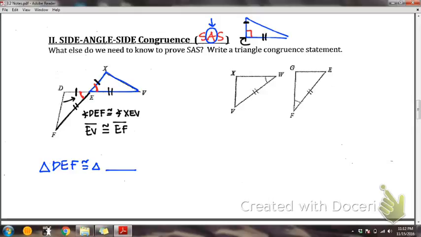You kind of started outside with D, and then you went past the first hash mark, down past the second hash mark. So how would we do that on the other one? Go past the first hash mark, so that was X to E, then out to V. So that would be X, E, V.